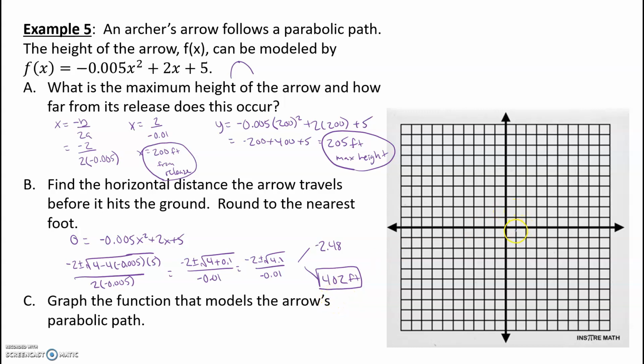So we're going to count by hundreds because I'm a little bit lazy. So we're going to say 100, 200, and 205. Pretty close to 200. I don't know why this is not letting me do it. There we go. And then we know we cross at 402.